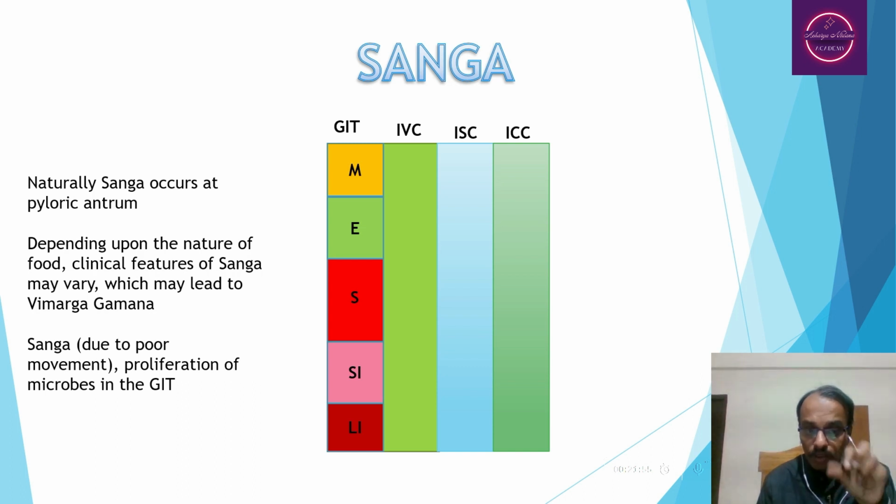In the case of papad, it may take a very small amount of time, idli may take a little bit longer, and aloo paratha may take even much longer. So depending upon the type of food consumed and the timing of the food consumed, there will be a possibility of Sanga to occur. Naturally, whenever Sanga is occurring, there is every possibility of Vimargagamana.